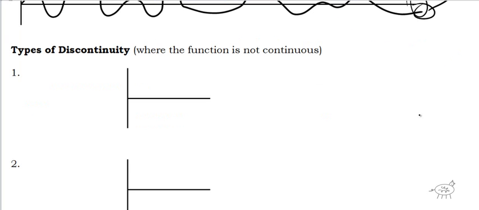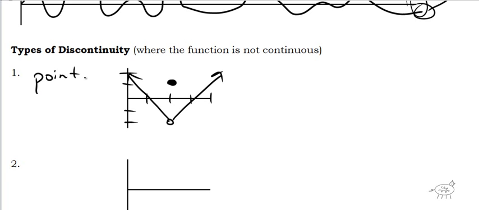So the first type is, we're going to make a graph here. And we're going to go down to, we're going to make this guy here. And so what happens is this is called a point discontinuity.